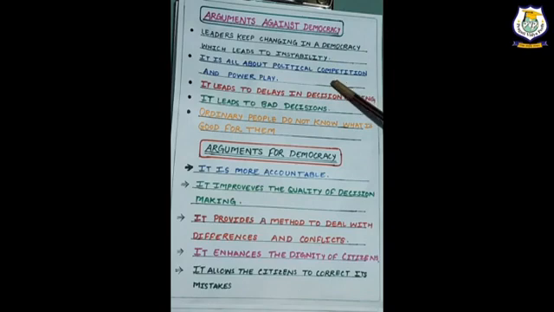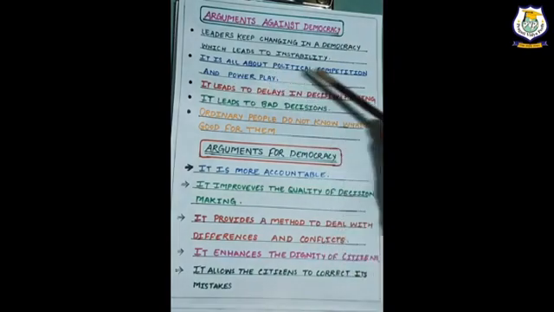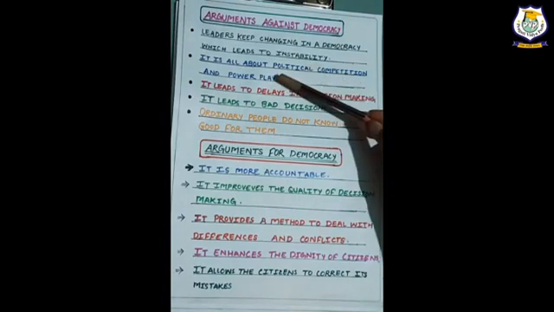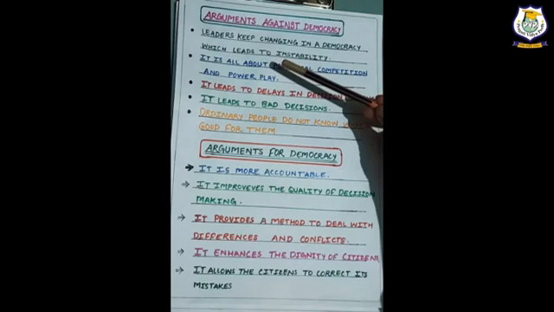In our next argument, we see it is all about political competition and power play. We know in a democracy, many political parties participate in elections to win and to occupy their place in the formation of government.